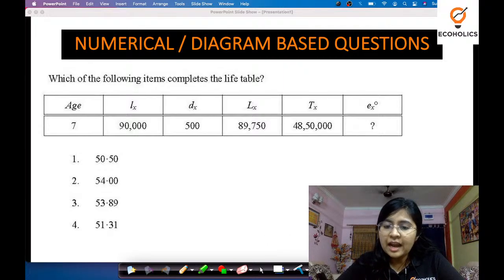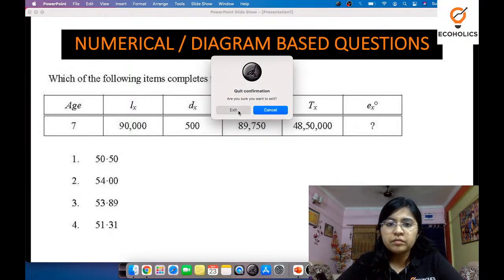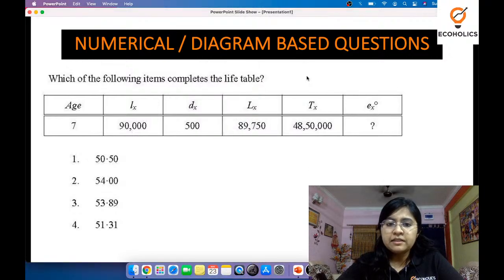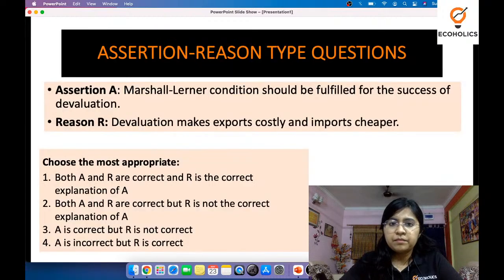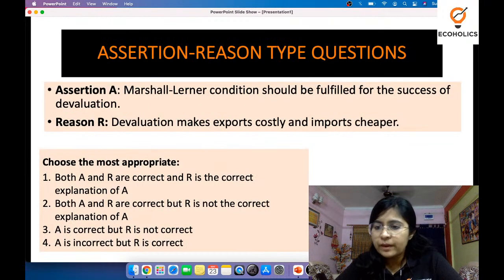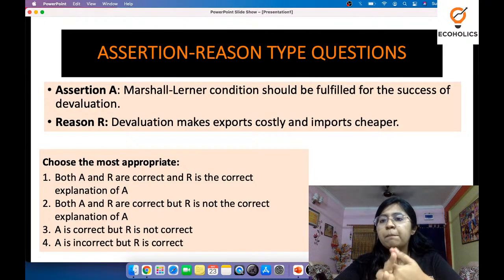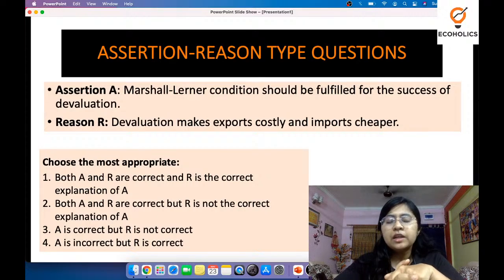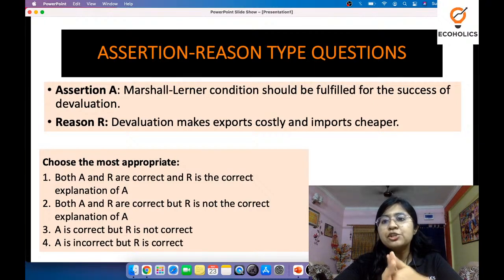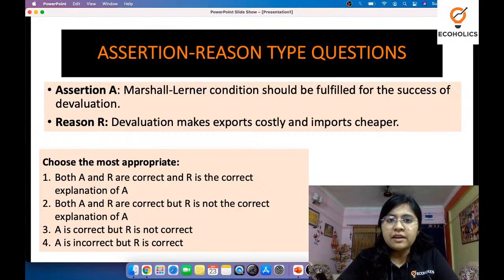So that being said, moving on to the next type of questions. Yes, next type of questions are the assertion-reason type of questions. Now, many students in our classes ask about the assertion-reason type questions. How to solve such questions is a major dilemma because these questions are very, very tricky.